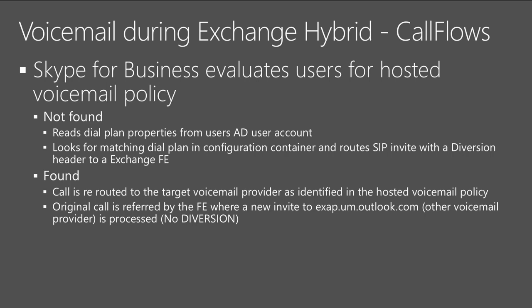So when he sees that this user is indeed enabled for hosted voicemail, he says, okay, what policy do I need to look up? He finds the policy based on the name, and the name of the policy is associated with the endpoint that we're connected to. In this case, it's going to be exap.um.outlook.com. That call will be routed through Federation into the cloud instead of to an on-prem unified messaging server. And of course, no diversion.